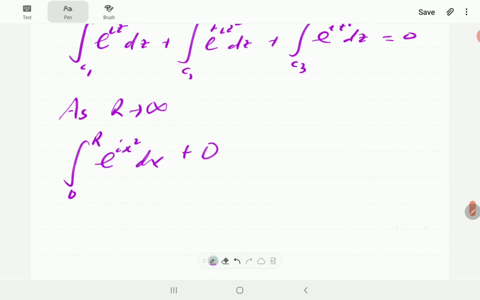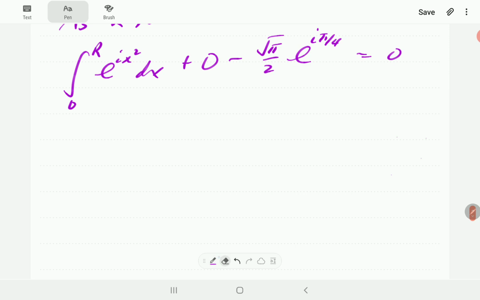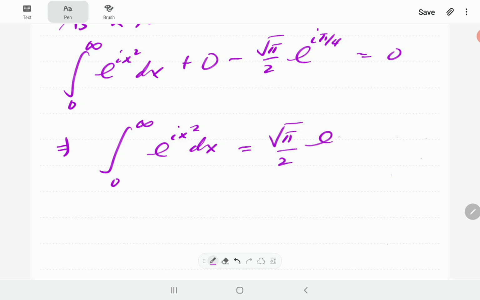And then the last integral we showed that as r goes to infinity goes to negative square root pi over 2 e to the i pi over 4. So this is equal to 0. This is infinity here. So this is telling us that therefore the integral from 0 to infinity of e to the ix squared dx is equal to square root pi over 2 e to the i pi over 4.